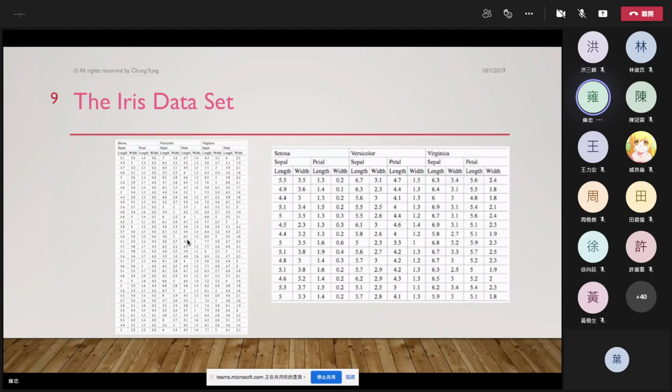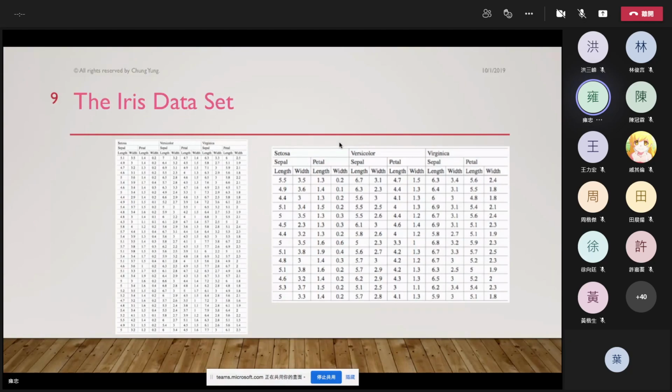Okay, these are part of the iris dataset. Here we show the three different species of iris flower: Setosa, Versicolor, Virginica. And we keep the measurements of sepal and petal.